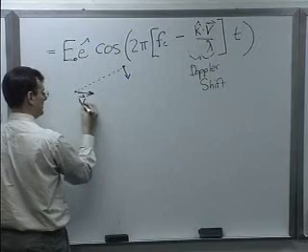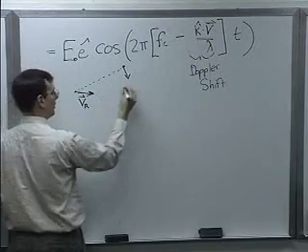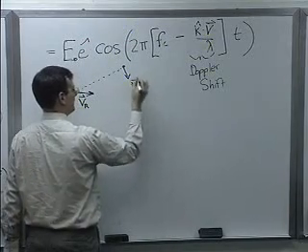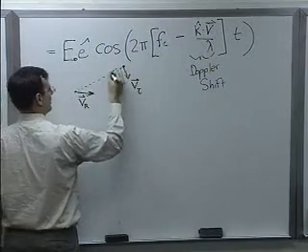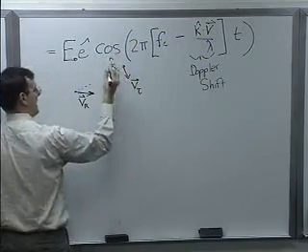Here's our velocity vector for our receiver, v sub r. Here's the velocity vector for our transmitter, v sub t. And our direction of propagation is still going to be k hat.